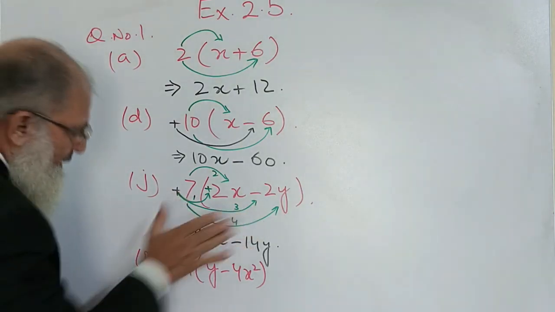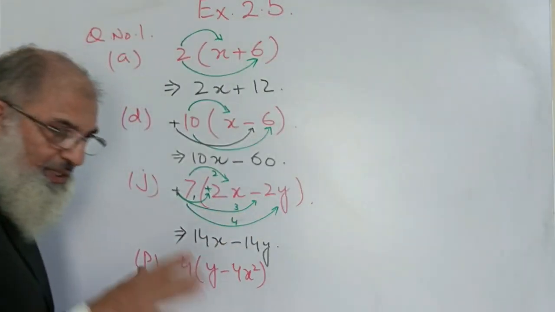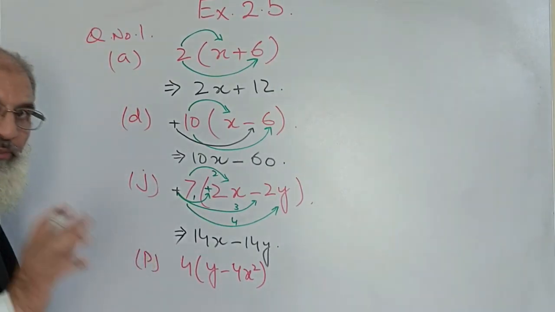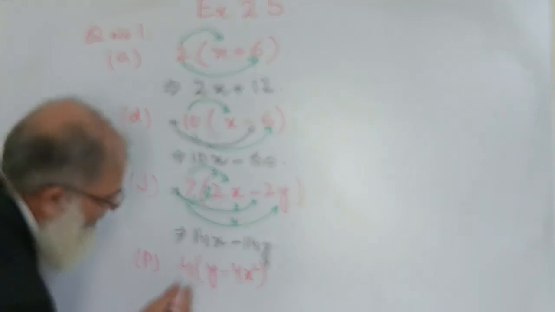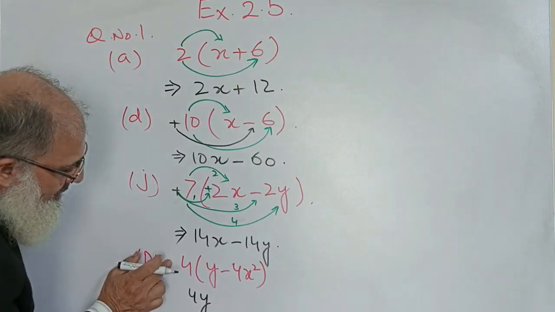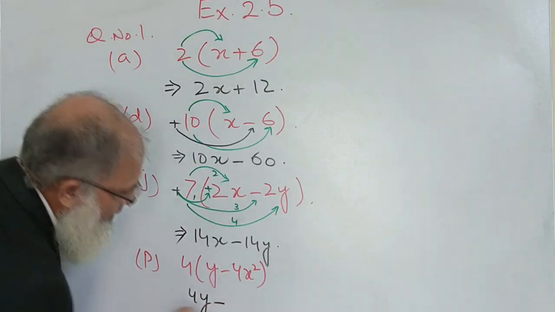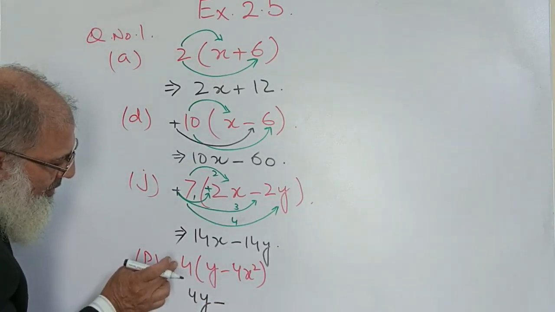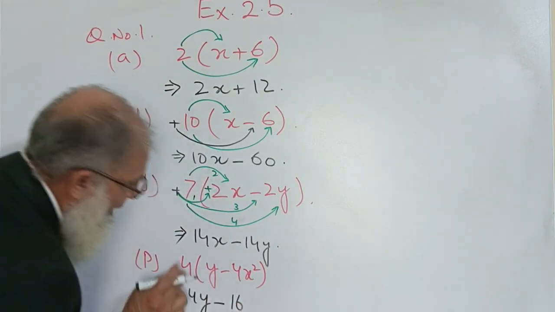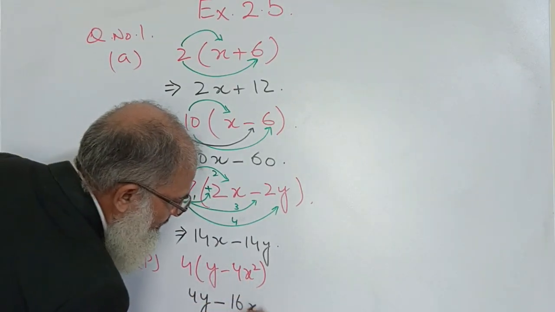Now I am not going to write the sequence again. You must have already learned it, but I'll speak it. Plus plus plus 4y, plus minus minus, then 4 times 16 and x square.